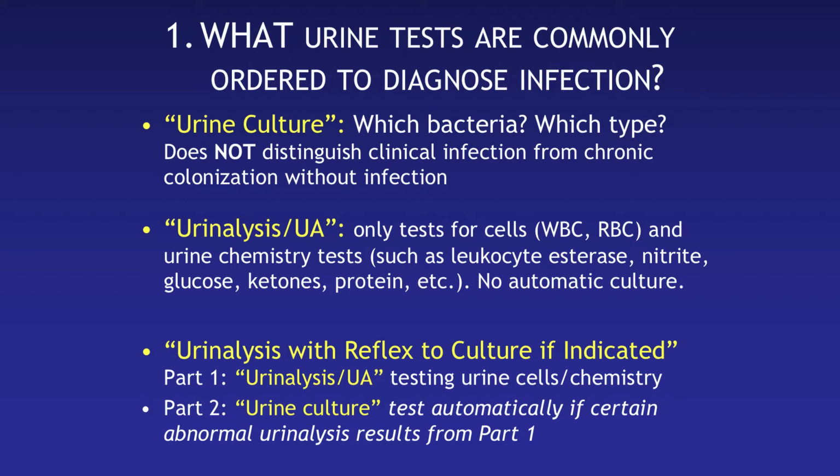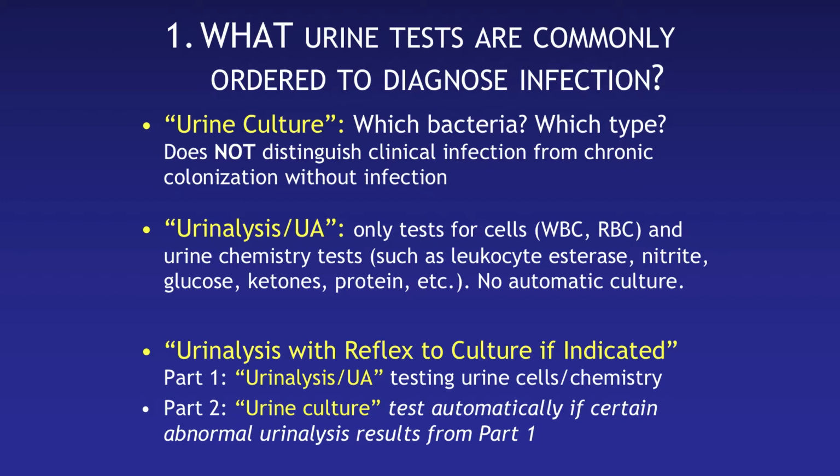Another common test is the urinalysis, commonly abbreviated as a UA, which only tests urine for cells, such as white blood cells or red blood cells, and certain urine chemistry tests, such as leukocyte esterase, nitrite, glucose, ketones, protein, etc. And if a urinalysis is ordered alone, it does not send an automatic culture test.